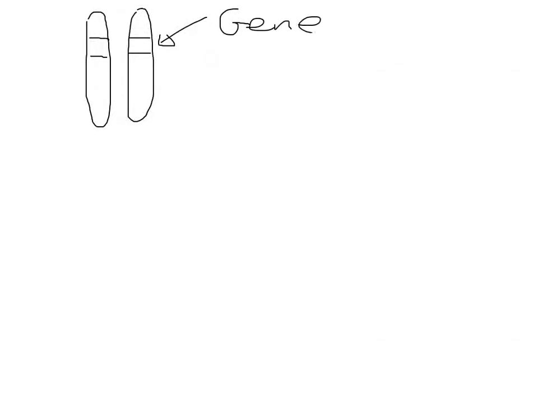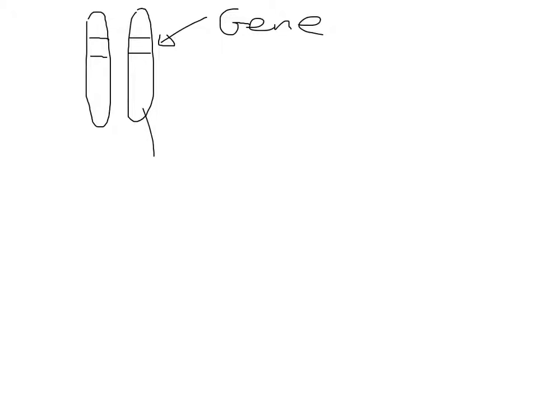Now, here we have 2 chromosomes. Okay, they are one of the pair of chromosomes you have. If we draw some lines here to indicate a section of these chromosomes, in other words, it's a section of DNA, therefore it's a gene. Now, because they are the copies of the same chromosome, you've actually got 2 copies of the same gene. So let's say it's a gene for hair colour.